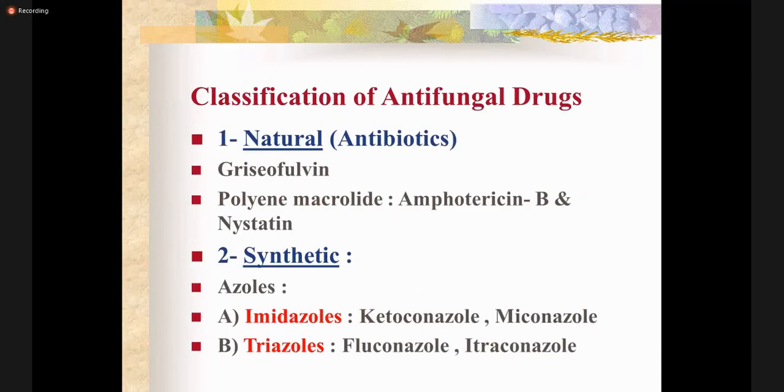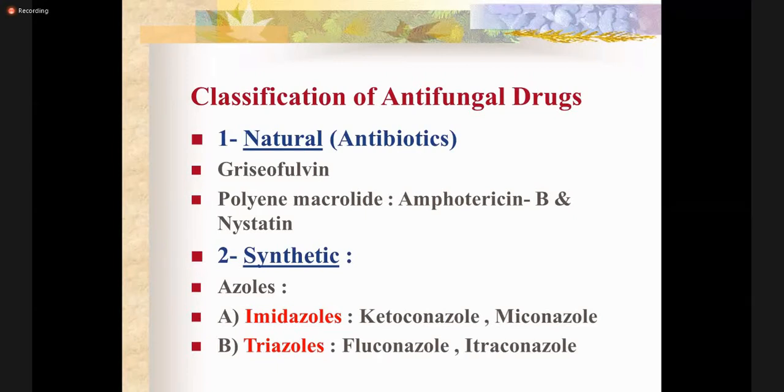If we talk about the drugs, what are the different drugs used for antifungal treatment? We categorize in two ways. One way is because of the chemistry of the drugs. According to the chemistry, the antifungal drugs could be natural, also known as antibiotics, and the other one is the synthetic one that we prepare in the laboratory.